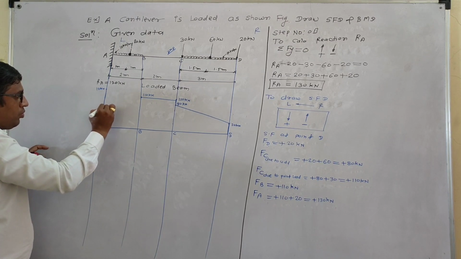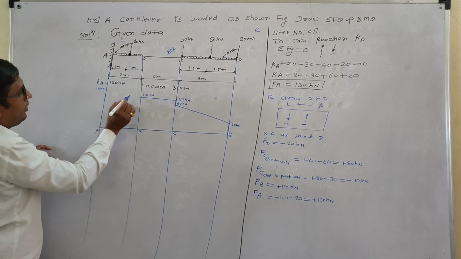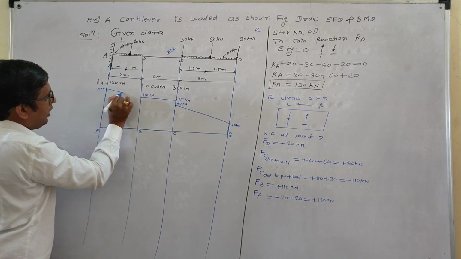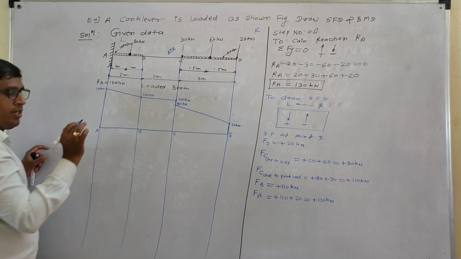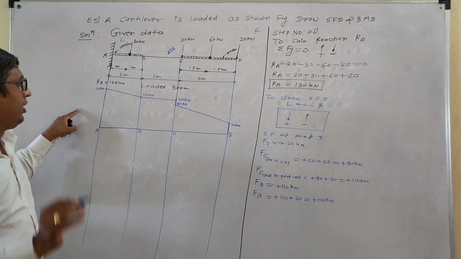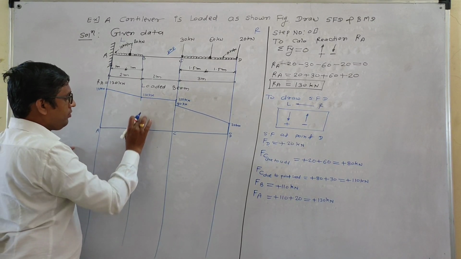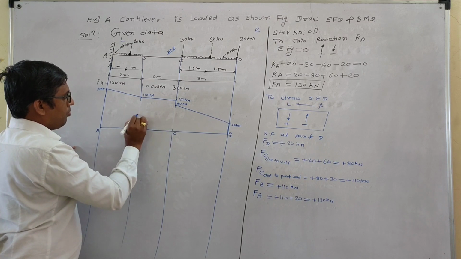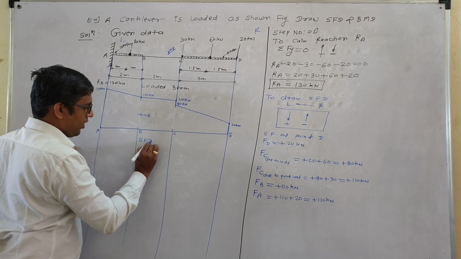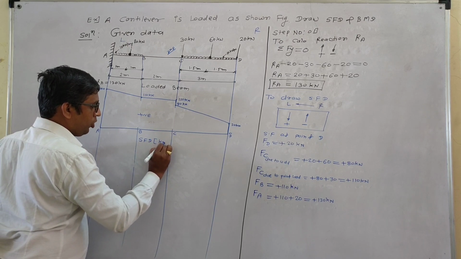This is your vertical line, and due to the UDL you have to draw the inclined line or join these 2 points. Automatically you get the inclined straight line, and this is your positive shear force diagram, SFD in kilonewton.